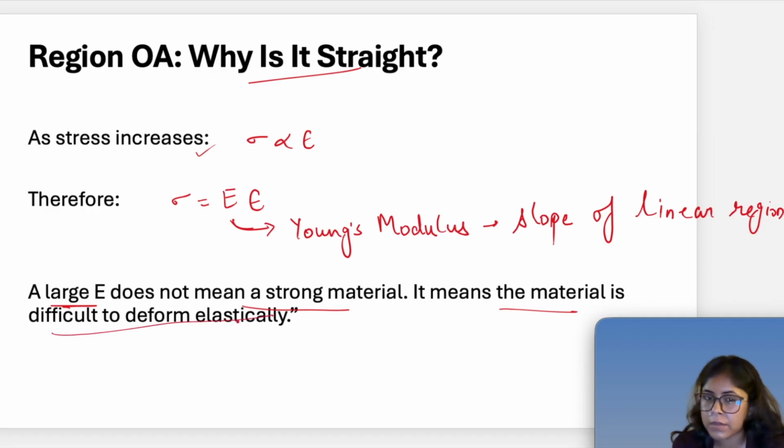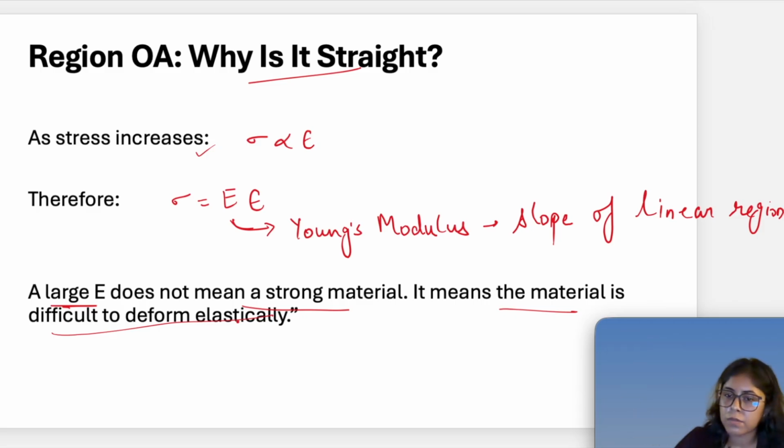What does that mean? If it has a more E value, then it will be very difficult to deform it elastically. It will regain its shape easily, right? So if E is more, it's more elastic. That means if we want to deform it, we have to apply more stress or more strain to it, and then it can't recover.